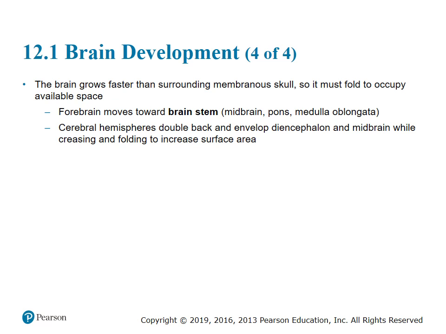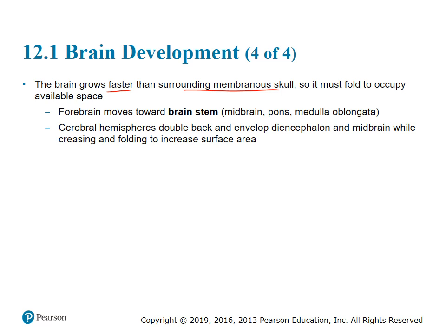So the brain grows faster than the membrane skull, right? The connective tissue, if you will, the cartilage and what's now becoming bone, the fontanelles, right? All that. So what occurs is that since the brain is growing at a very fast pace, it's going to start to fold in on itself.